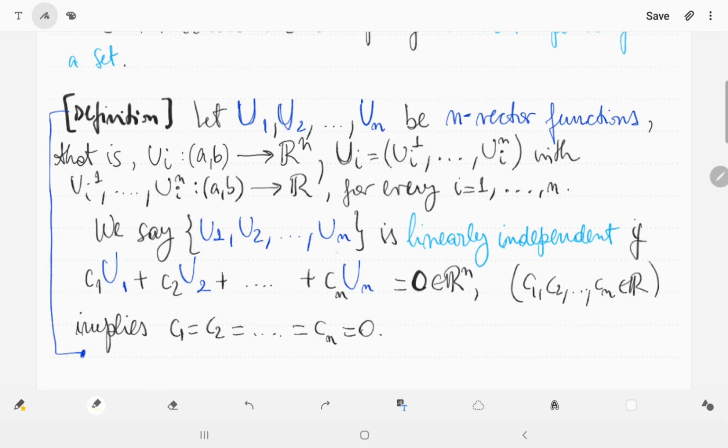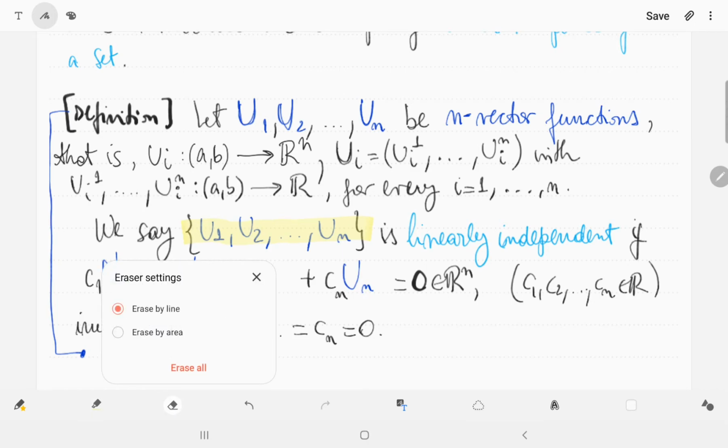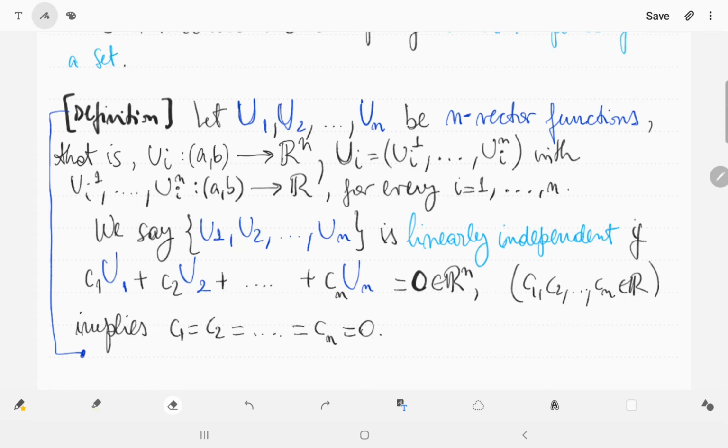We take this set of functions, capital U1, U2, Un, and we say that this set is linearly independent if I take this combination C1 capital U1 plus C2 capital U2 and so on, equal to 0, 0 in Rn.